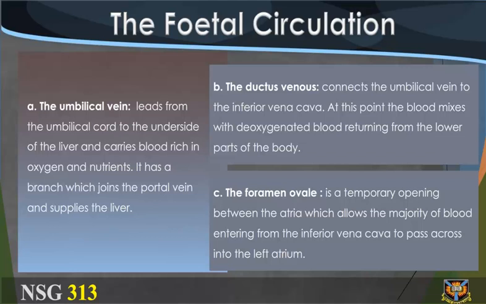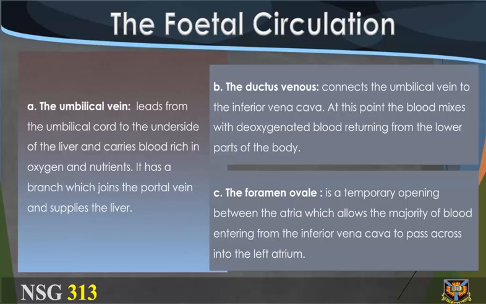A. The umbilical cord. The umbilical vein leads from the umbilical cord to the underside of the liver and carries blood rich in oxygen and nutrients. It has a branch which joins the portal vein and supplies the liver.